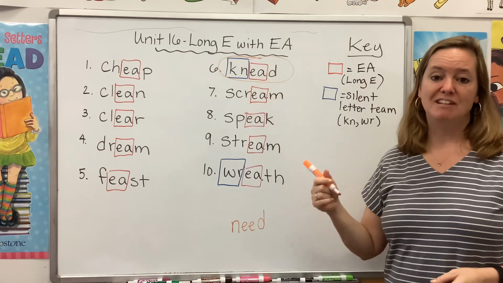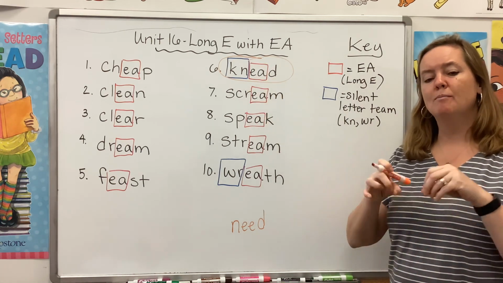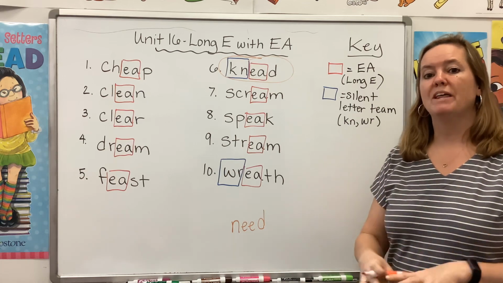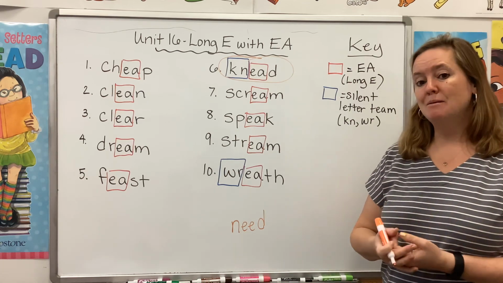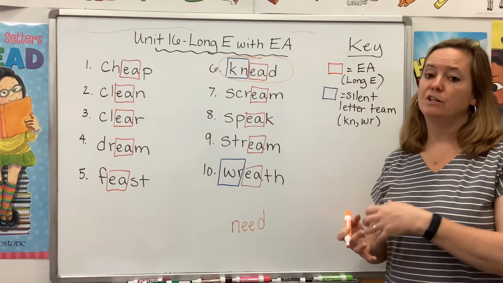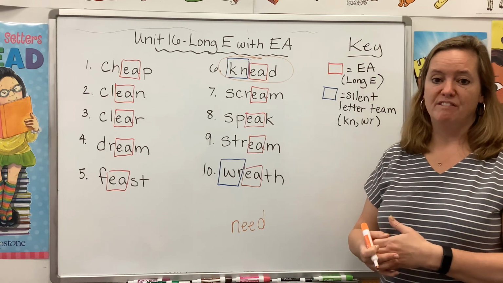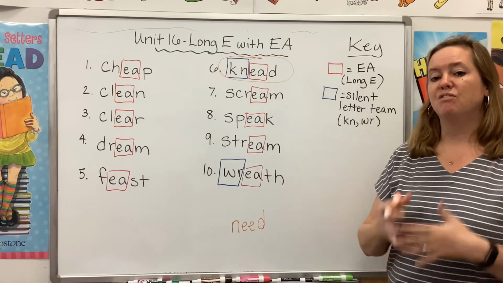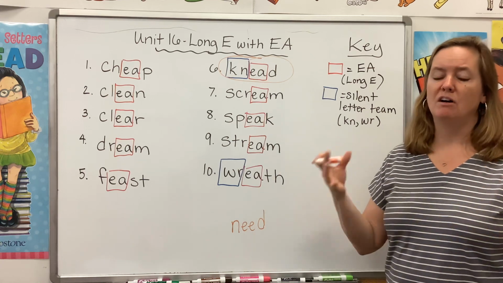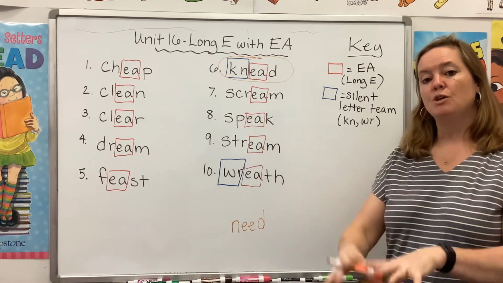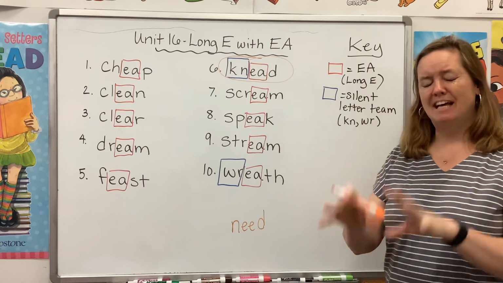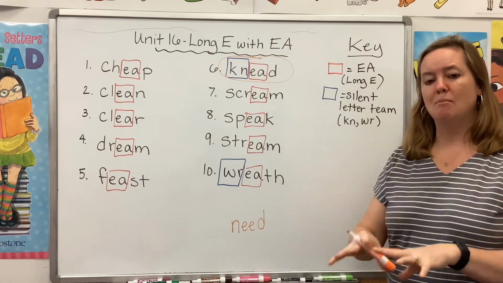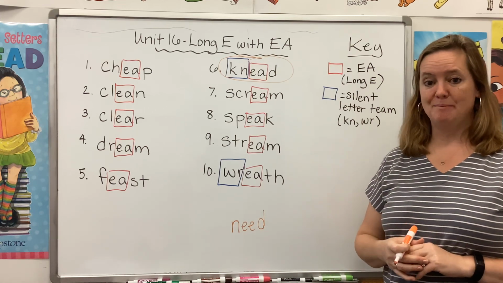This kind of need is also a verb, but it's what you do with dough. So if you're going to make homemade pizza or a homemade loaf of bread, once you mix the flour and the water and the salt and all the ingredients together, you have to knead the dough. So you're kind of pinching and pulling it over and over again, okay?